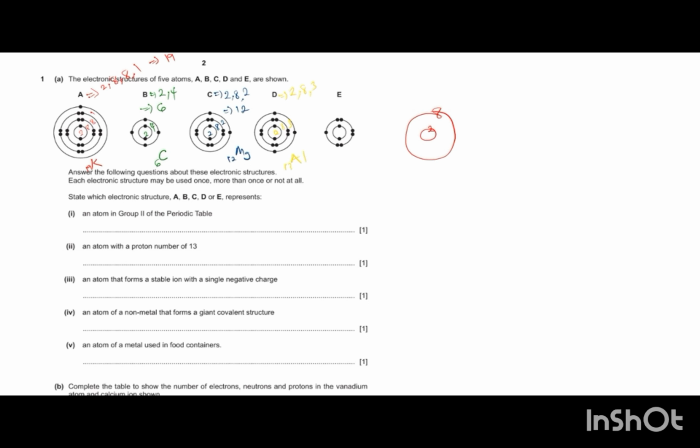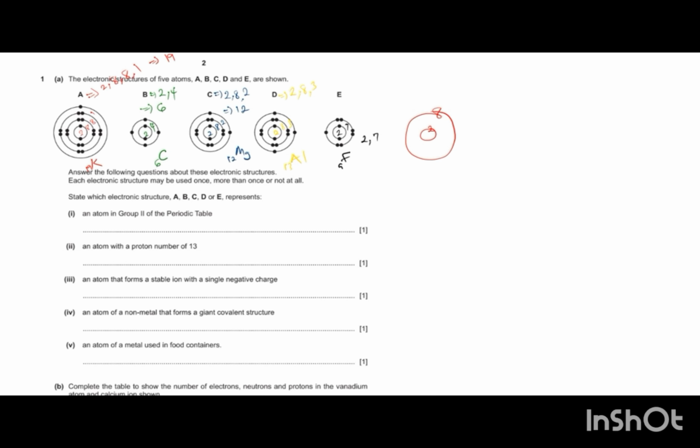And then the last one, which is D and E. So let us use black. This one is 2, this one is 1, 2, 3, 4, 5, 6, and then 7. We have 2 and then 7. So this one is likely fluorine, which is a total of 9.